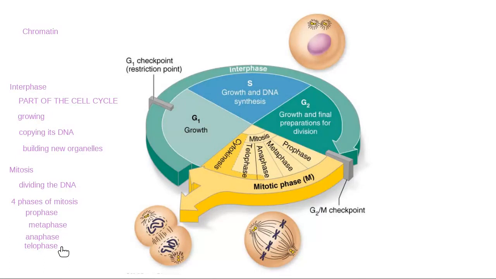If I'm asking you about a part of the cell cycle, we only have 2 options. We talked about one of them, which is interphase. The other option for part of the cell cycle is cytokinesis. Cytokinesis is another part of the cell cycle.